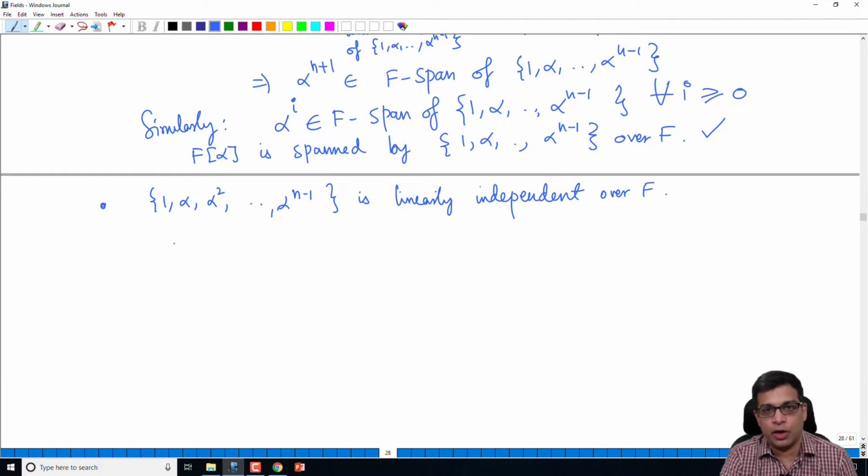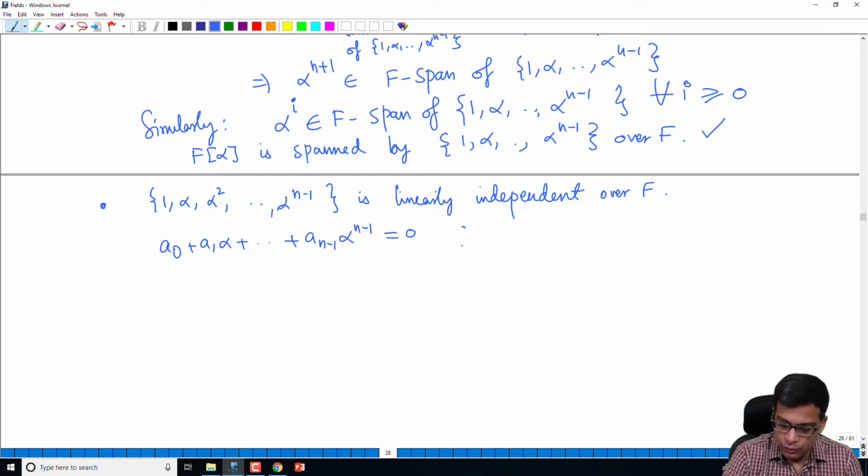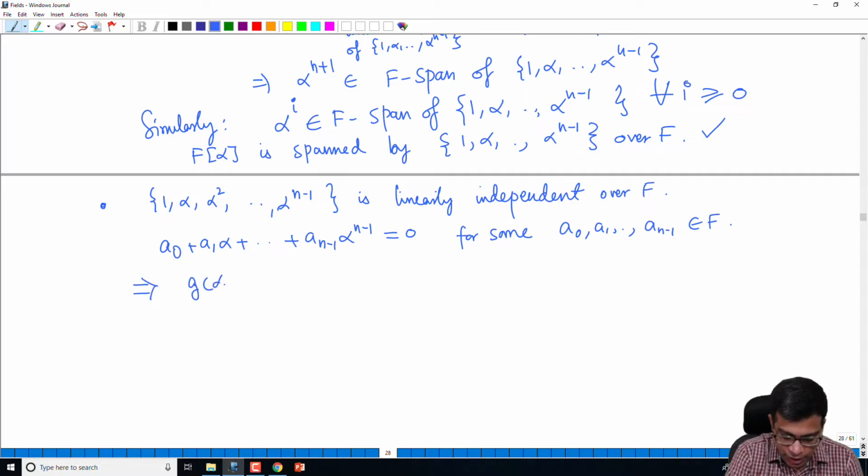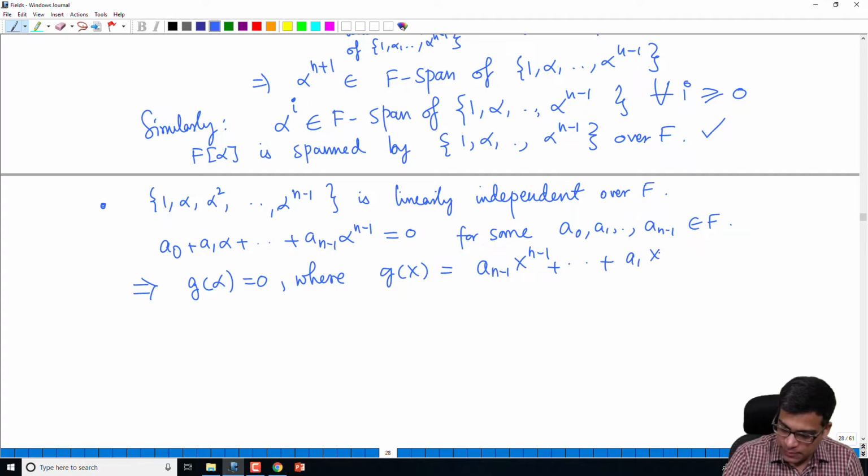So let us take a linear combination, and we want to show that if that linear combination is 0, each coefficient is 0. Suppose a0 plus a1 alpha plus ... plus a n minus 1 alpha n minus 1 is 0 for some a0, a1, up to a n minus 1 in capital F. But that means g of alpha is 0, where g of x is the polynomial a n minus 1 x^(n minus 1) plus ... plus a1 x plus a0.